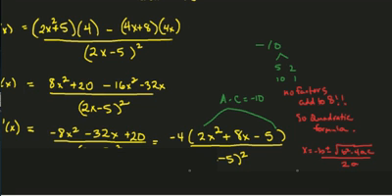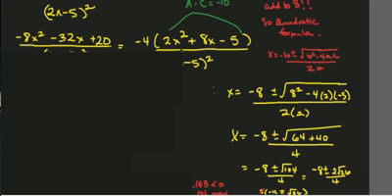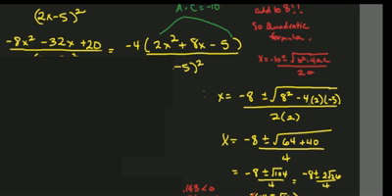At that point, what is my a, b, and c? My a is going to be my 2, my b is going to be my 8, and my c is my negative 5. So we have negative 8 plus or minus the square root of 8 squared minus 4 times 2 times negative 5, just plugging into the formula, over 2.